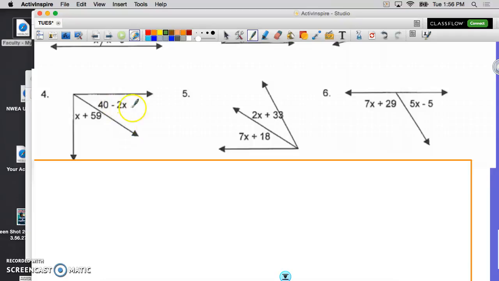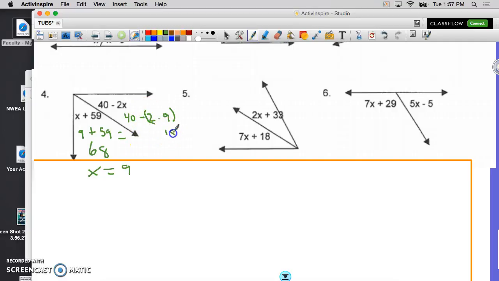Now that I know x equals 9, you can now solve. x is 9, plus 59, so this should equal 59 plus 9, that's 68 for this angle. And 40 minus 2 times 9, right?